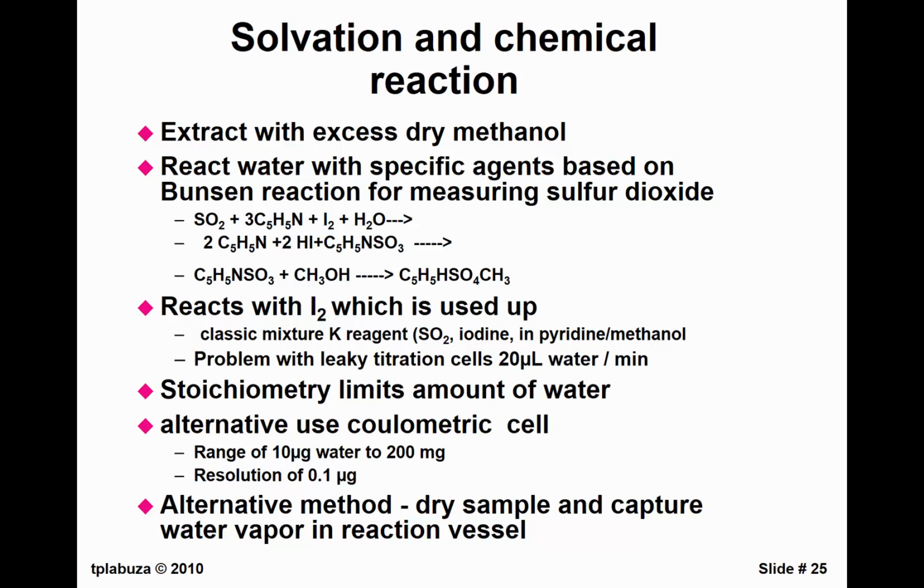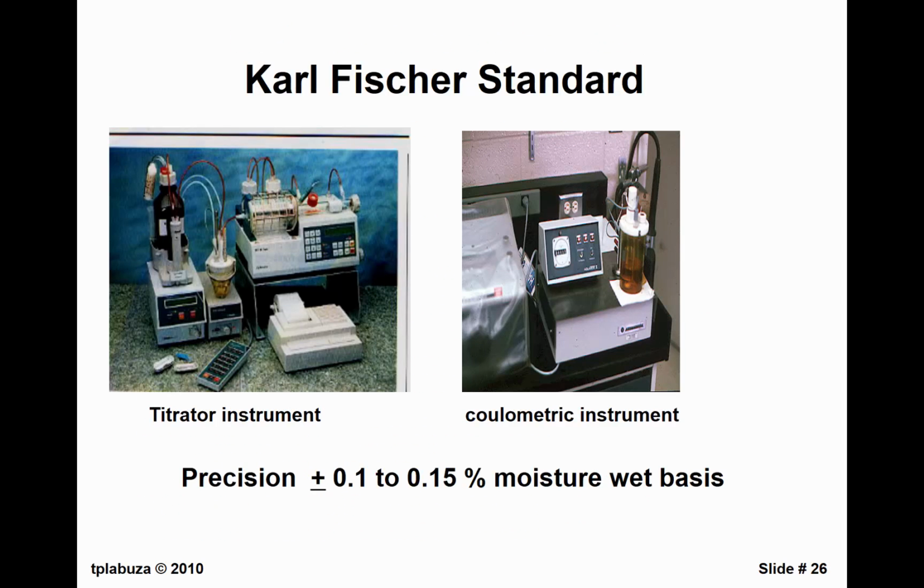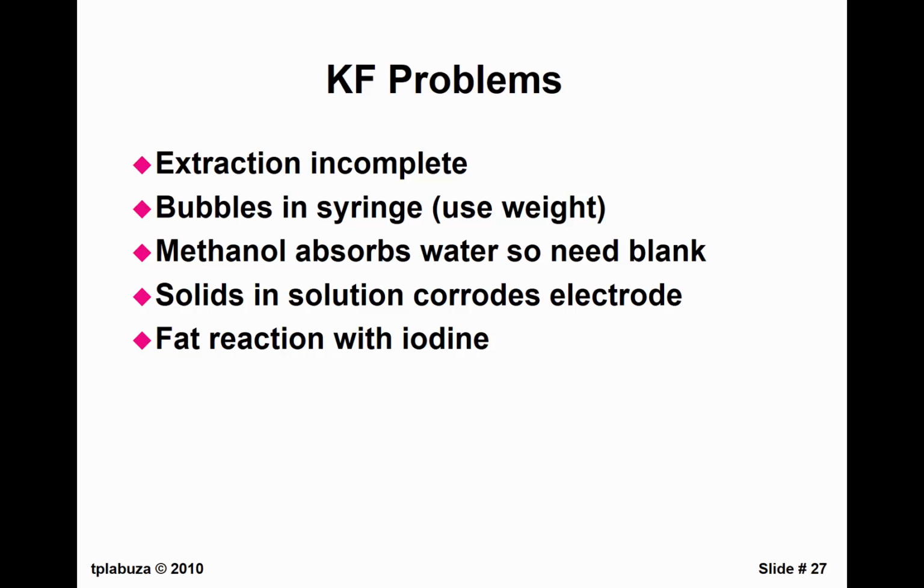Oh, yeah, pyridine. If somebody was doing the Karl Fischer by the titration method, you would know three buildings down the block, because this permeates the whole atmosphere, and it's a carcinogen. So we don't use that anymore.